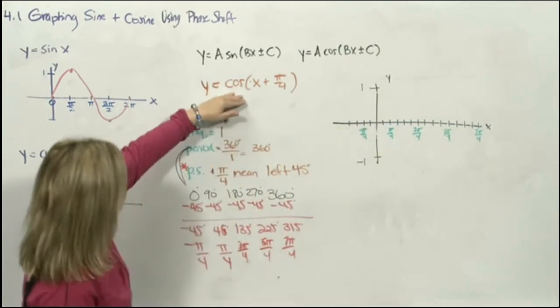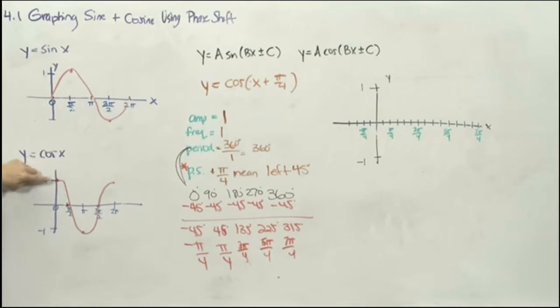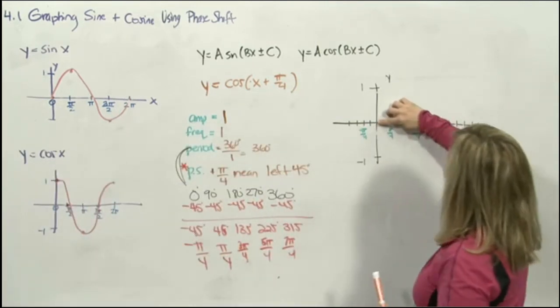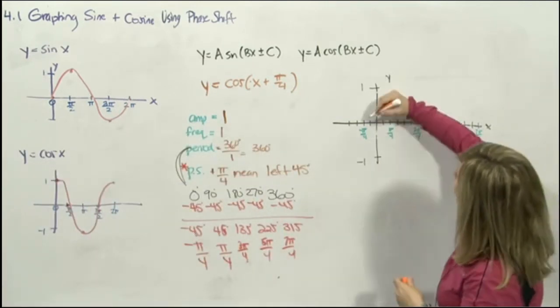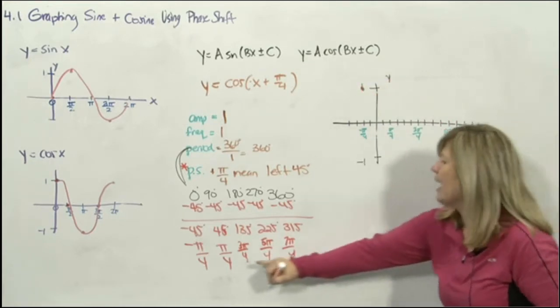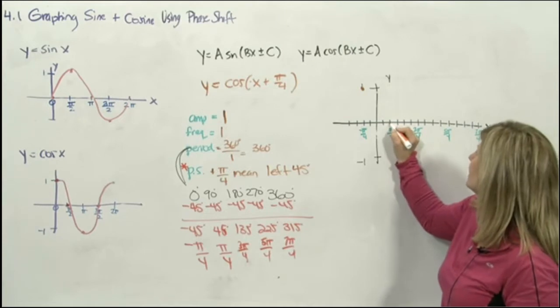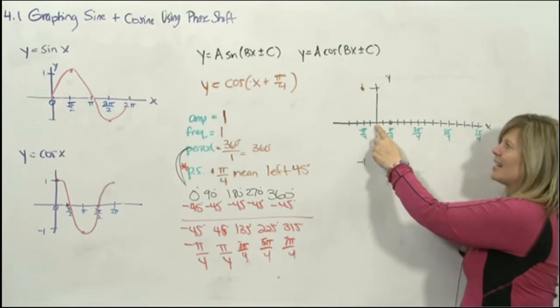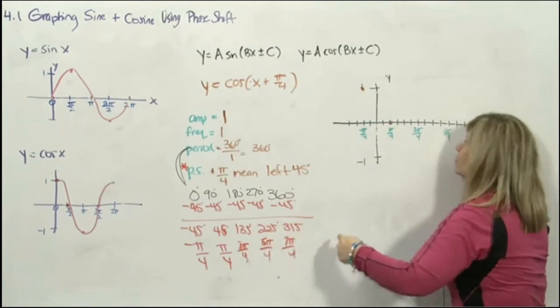We're drawing a cosine, so a cosine should begin up at x is 0. We should go up to 1. We're not starting at 0 because we phase shift back 45. So at negative 45, we start up at 1. Then at positive 45, we hit the axis. Don't hit the axis here. 0 is not in your radians.